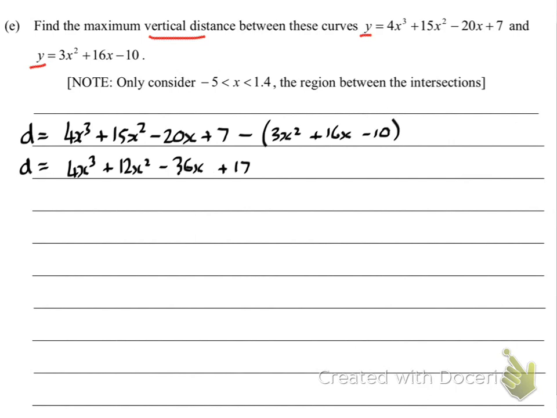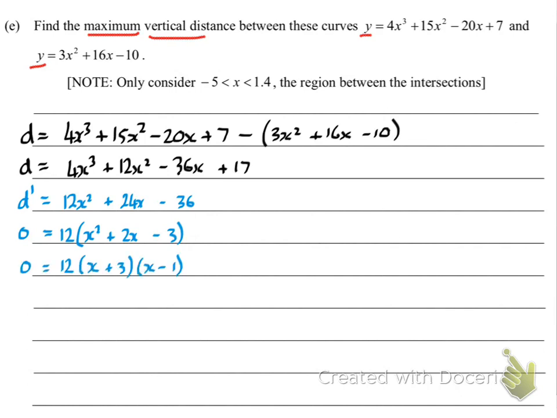It's minus 16x, which gives you negative 36x, and it's minus negative 10, which gives you positive 10, 17. We want the maximum. That means you're going to have to differentiate. Differentiate, multiply by the power, reduce the power by 1, then make it equal 0 because it's the maximum. Factorize, factorize again. You find that your x values are negative 3 and 1.